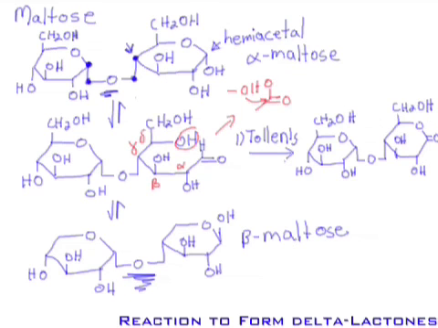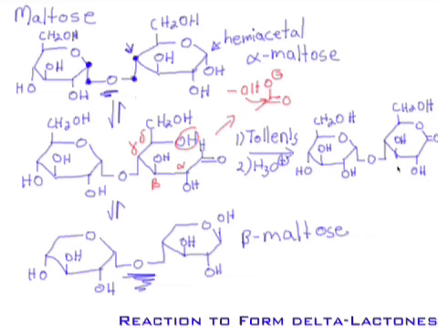That would not do anything else. But if we happen to say step 2 in acid, H+ or H3O+, then that becomes a CO2H after step 2, and then it will form the delta-lactone. So it is a reducing sugar.